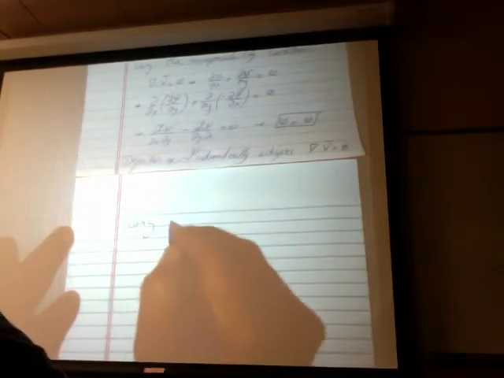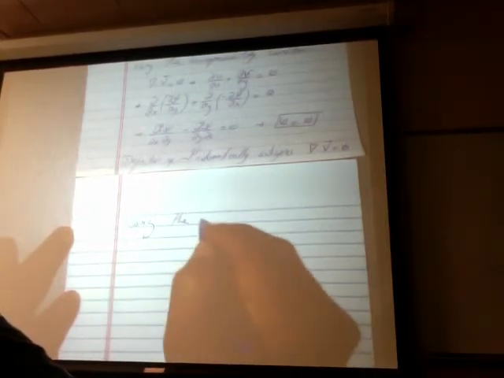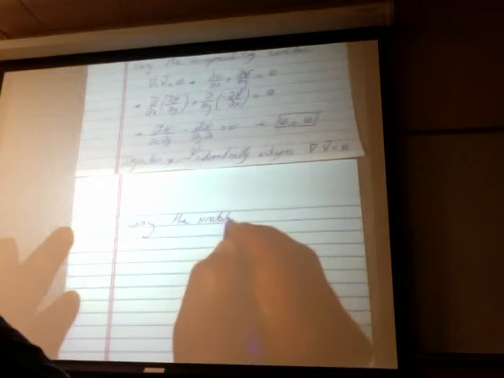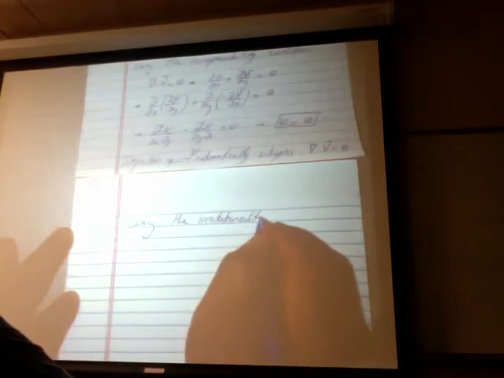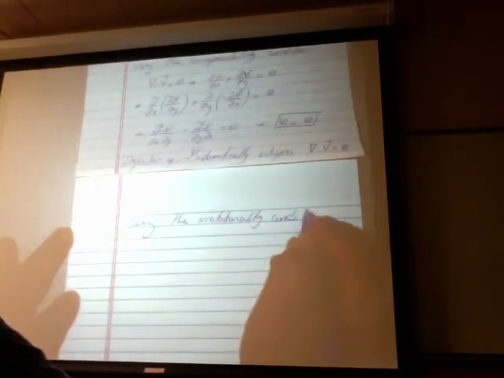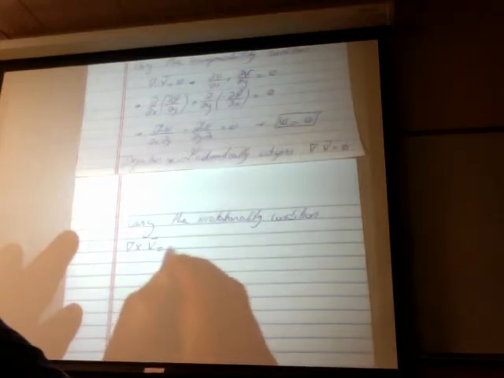Now, using the irrotationality condition. So what does the irrotationality condition say? That del cross V is equal to 0.